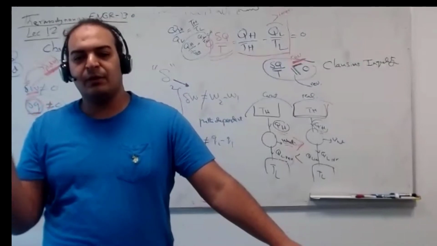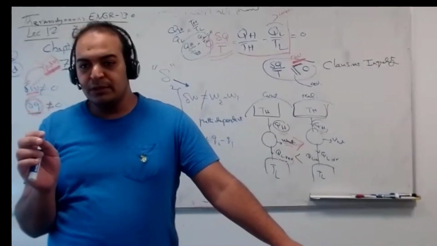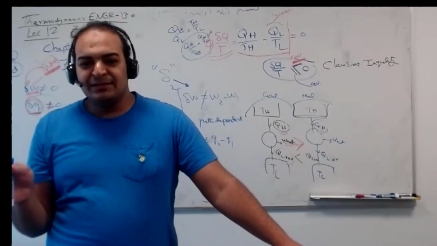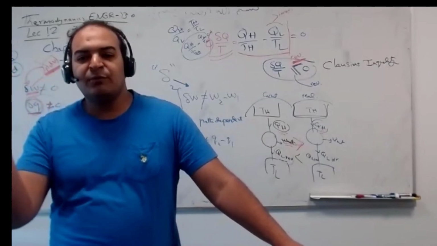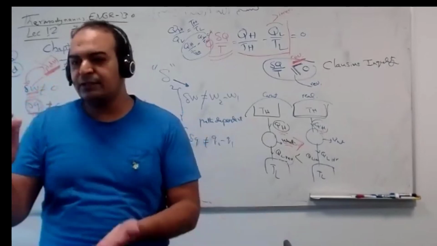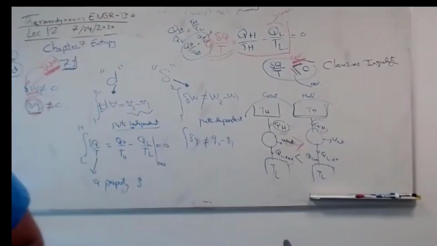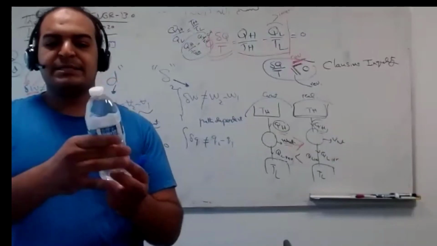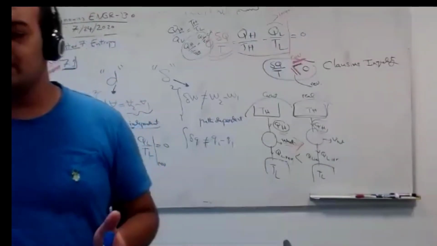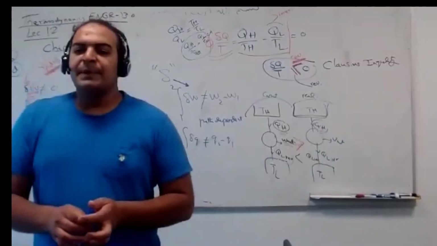It's 1 liter, which is 0.001 meter cube per kilogram. This is exactly a liter of water. Something like this water bottle, it has 1 liter. It's exactly 0.001 something meter cube per kilogram.